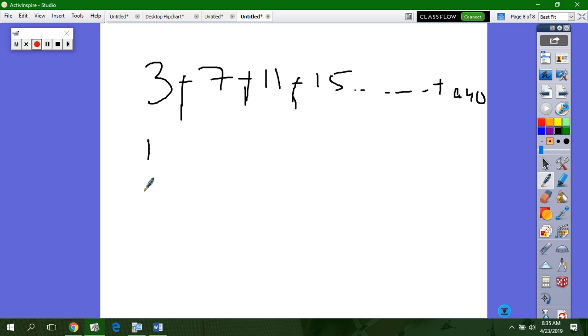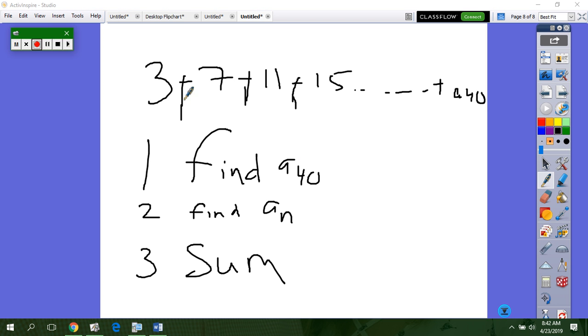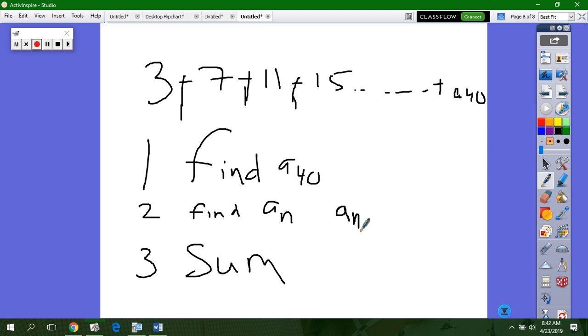Okay, let's go through the steps. First, find a sub 40. How am I going to do so? I need to find a sub n, the generic form, right? If we find the generic form, could I plug in 40 for n and go back and find it? Sure, and then after that, I'm going to find the sum. Oh, okay.